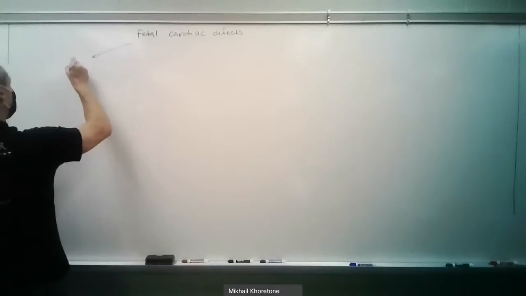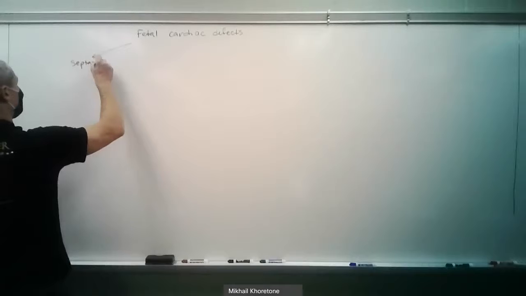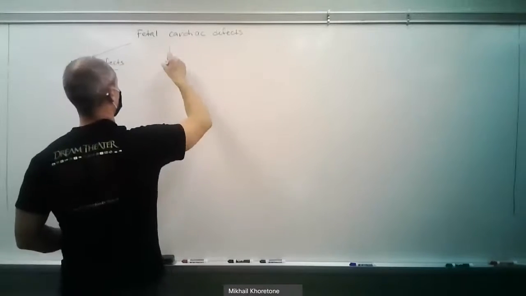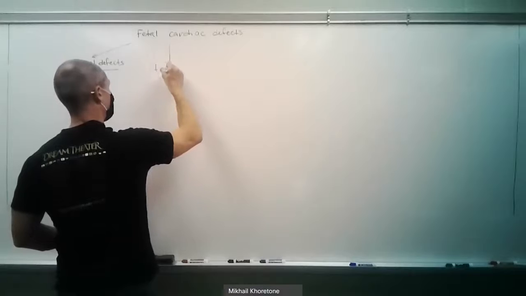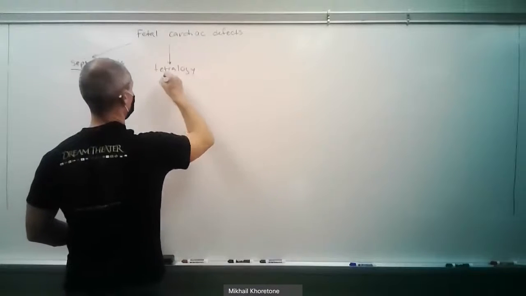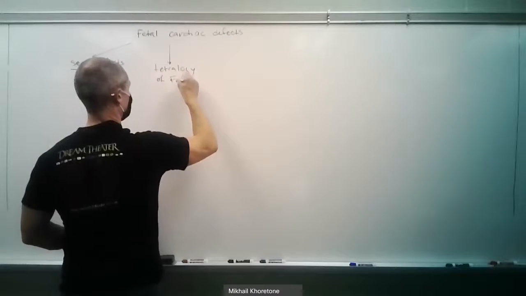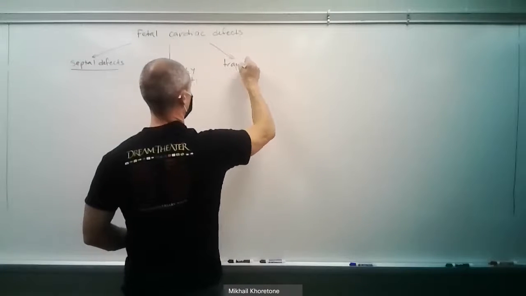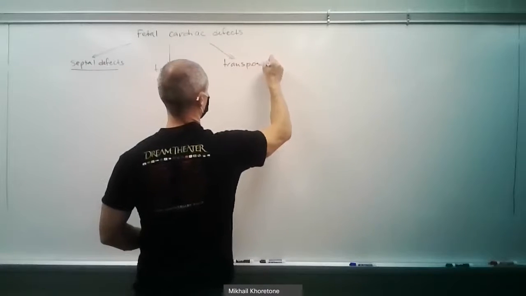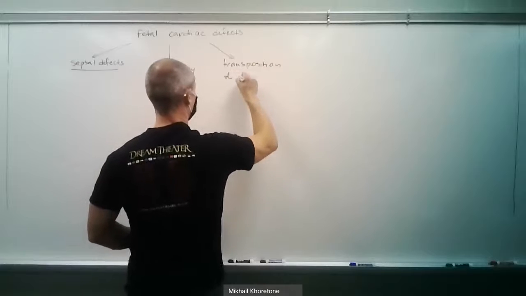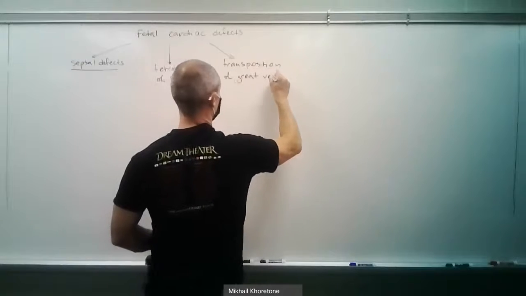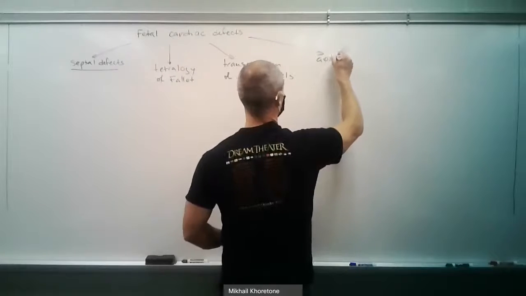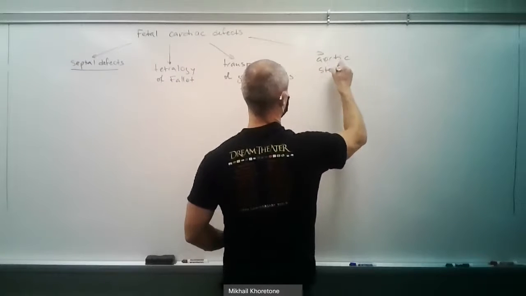One category is septal defects. Another kind of separate, tetralogy of Fallot. Transposition of great vessels, and aortic stenosis.